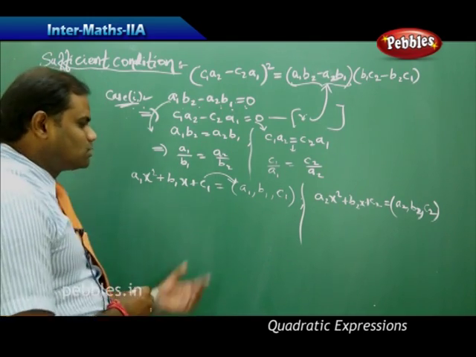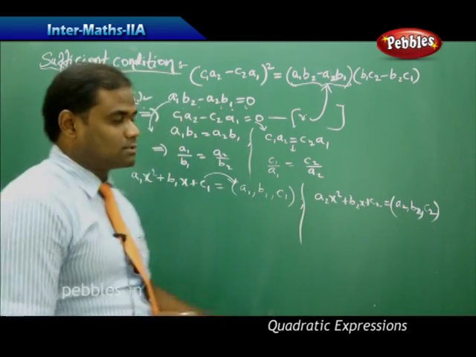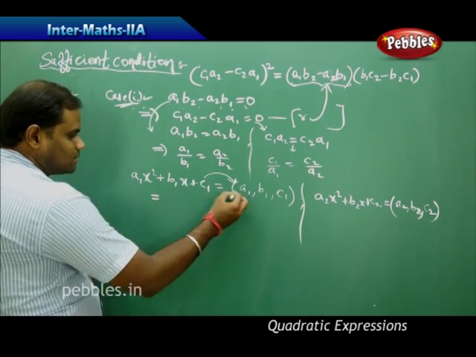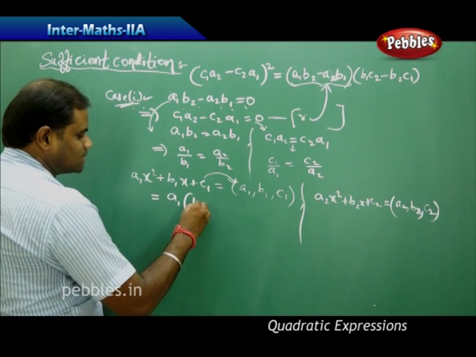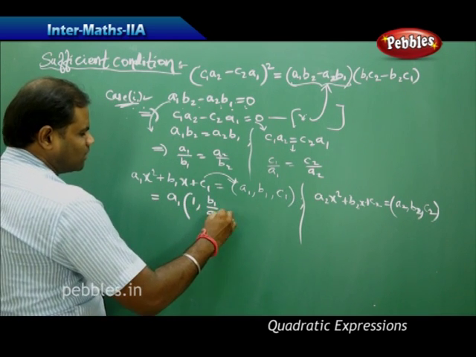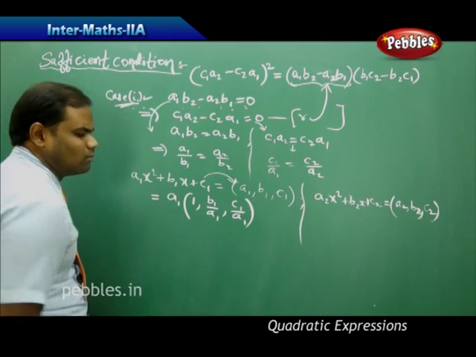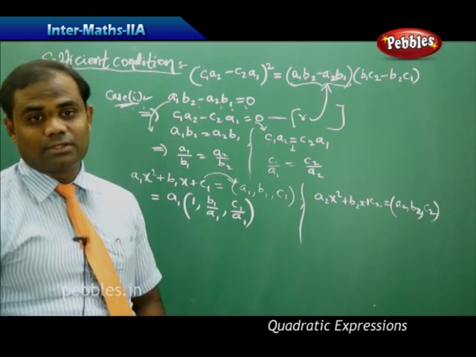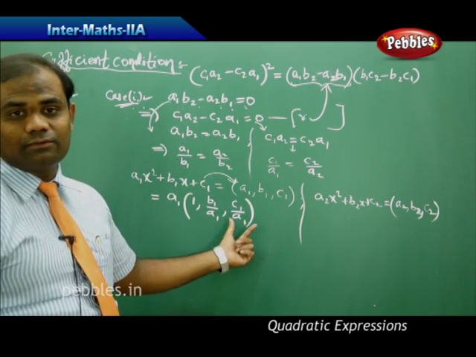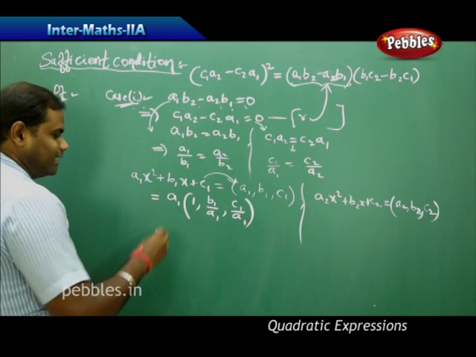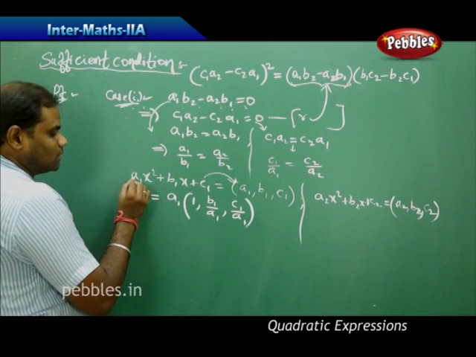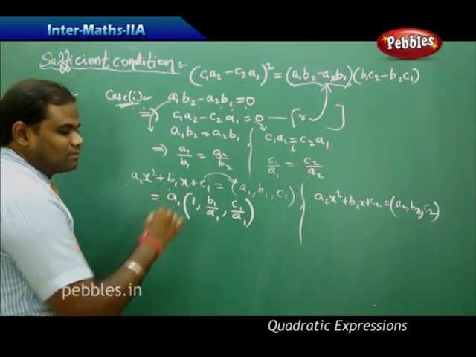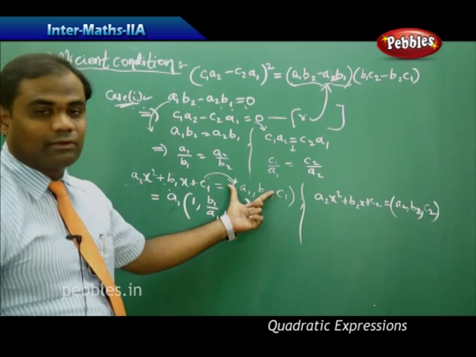Now, if I assume these two quadratic equations in the triad forms, then by taking A1 common, I get 1, B1 by A1, C1 by A1. By taking A1 out, each of these gets reduced by 1 by A1. So indirectly we write the quadratic equation as A1 times (1, B1 by A1, C1 by A1). This is written in triad form.